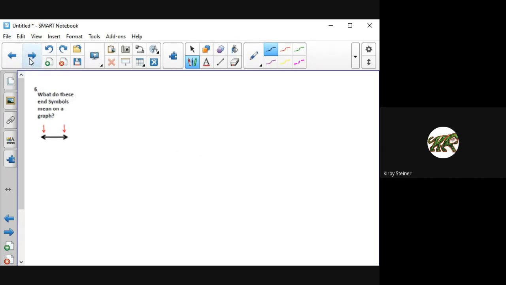If we see a line with arrows on two directions, then it just tells us that the numbers are going to extend toward infinity in two directions.